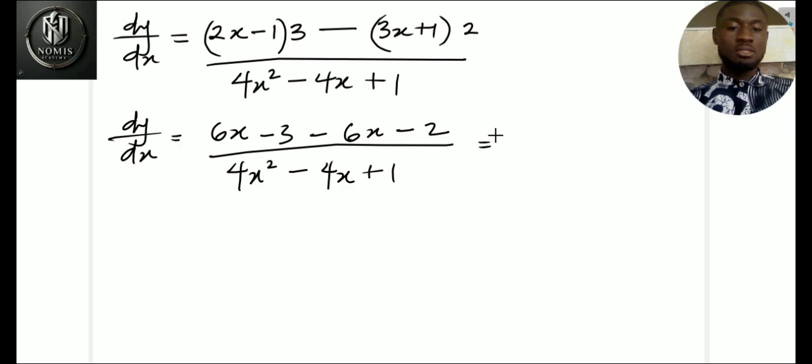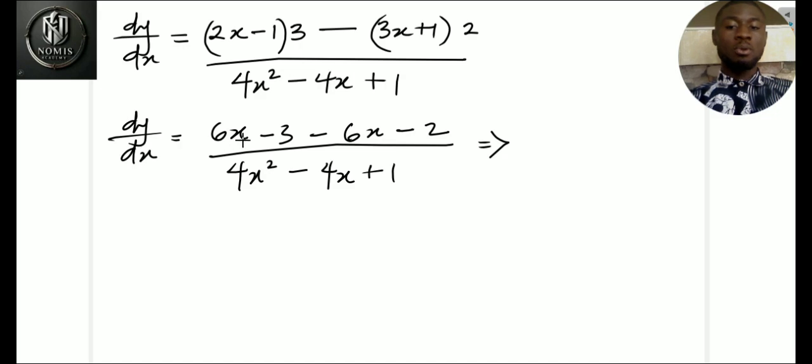So we have 6x minus 6x, which gives 0. The positive 6x and negative 6x cancel each other.